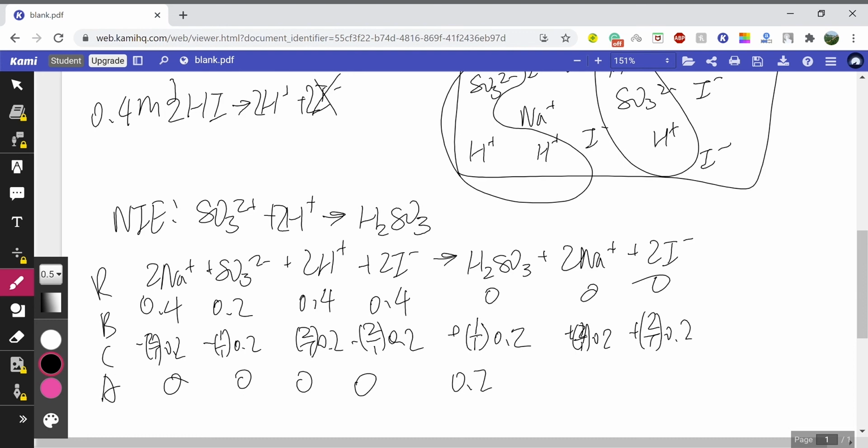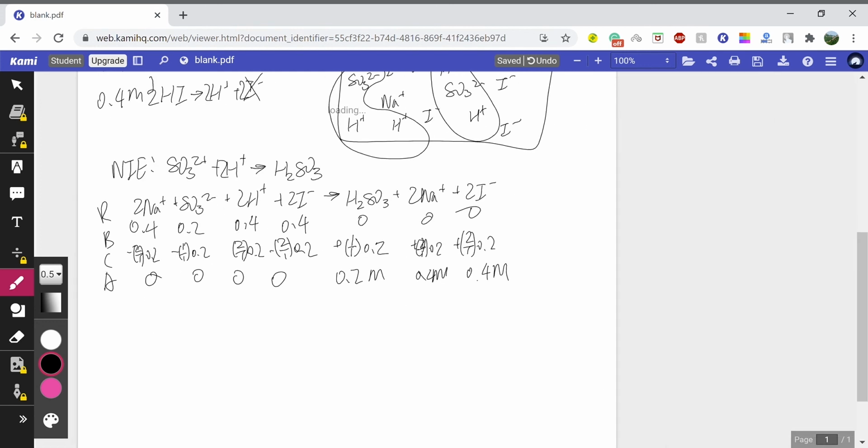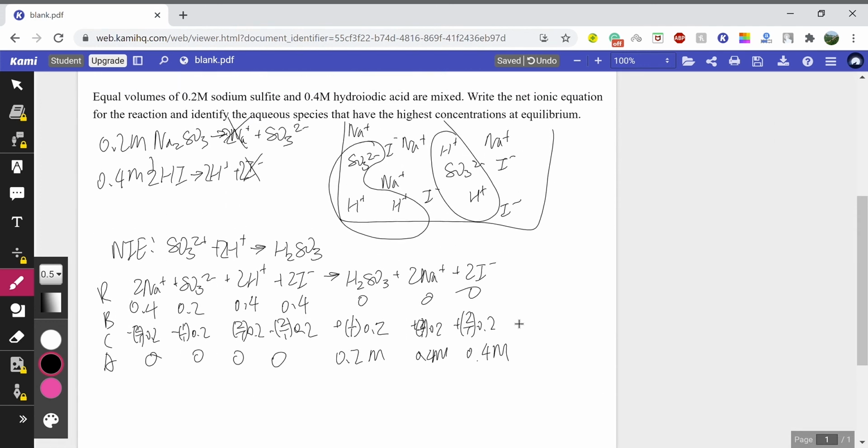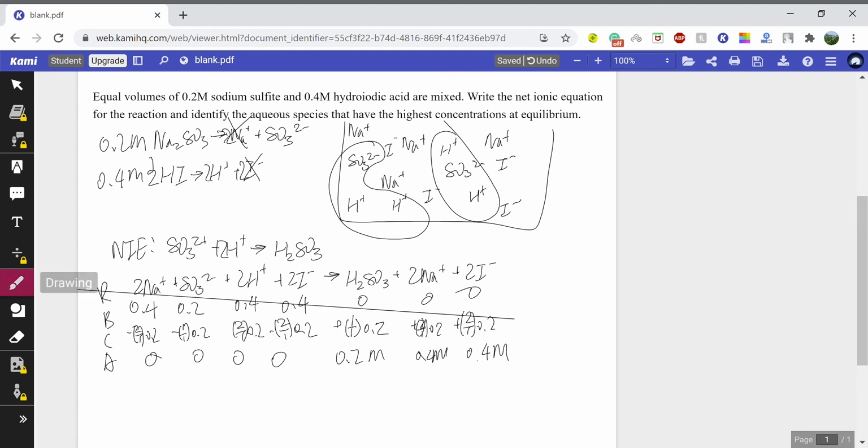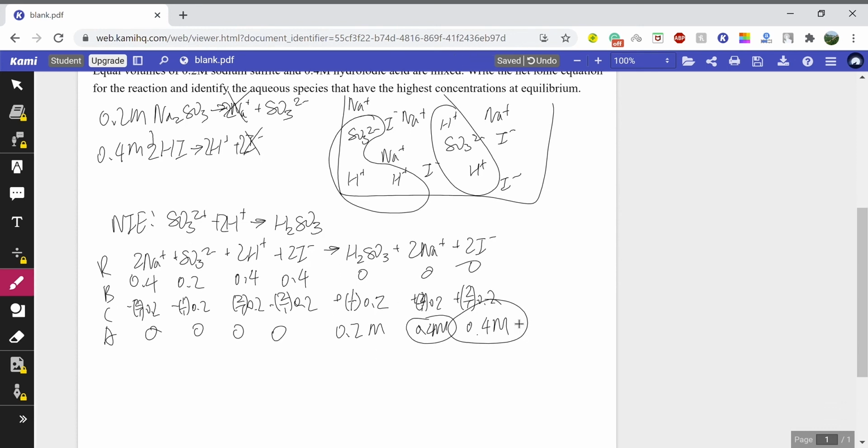So this will be 0.2 molar, 0.4 molar, and 0.4 molar. Which substances will have the highest concentrations at equilibrium? Well, this one has 0.4, this one has 0.4, and this one has 0.4. Our H2SO3 unfortunately only has 0.2.